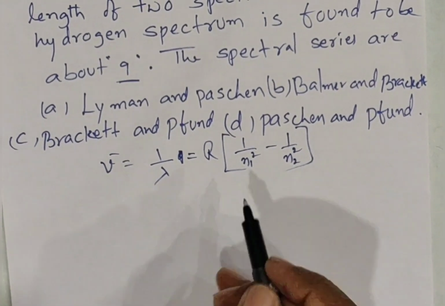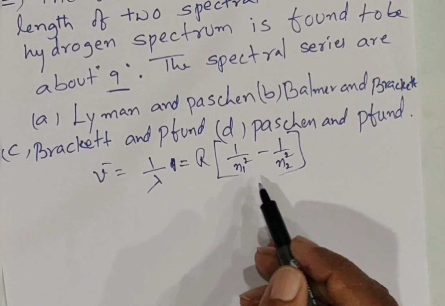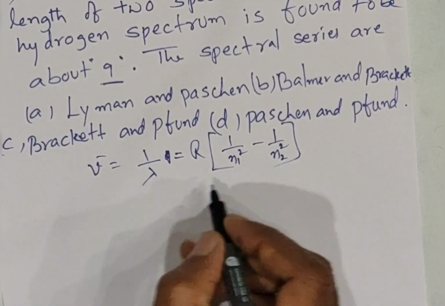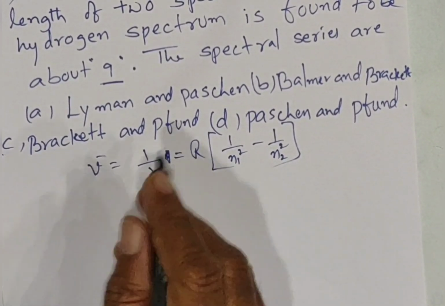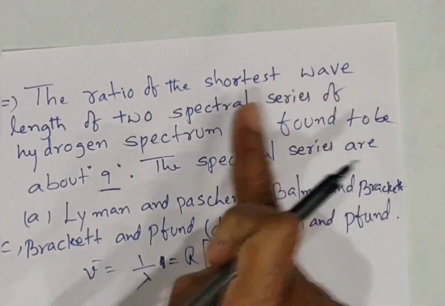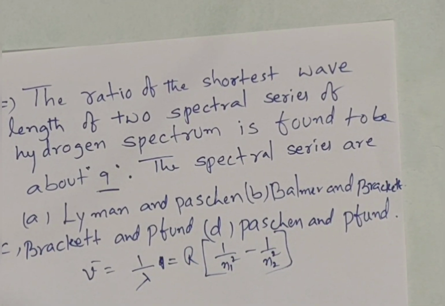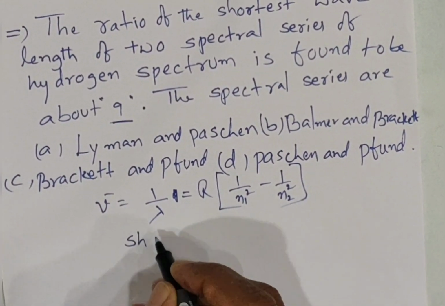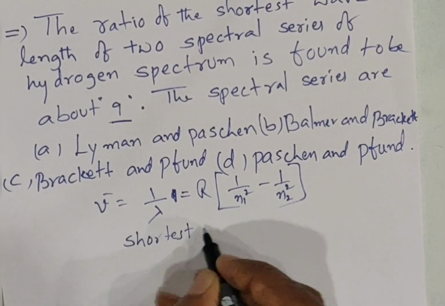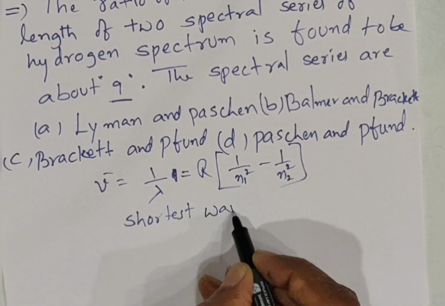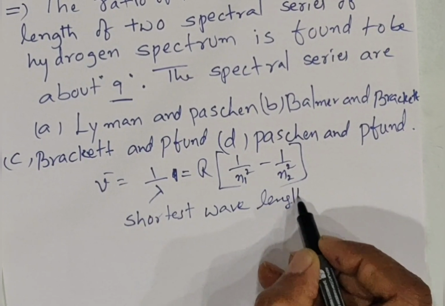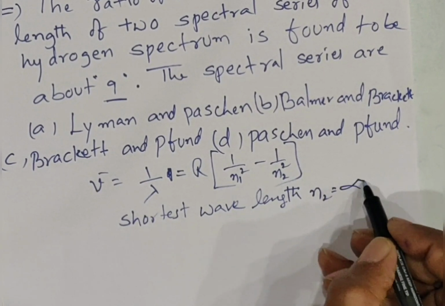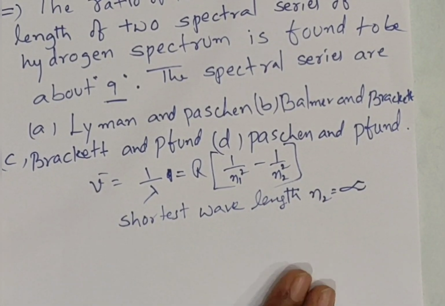Right? Now you have to write first the n1 and n2 values. To identify the shortest wavelength of spectral lines, the shortest wavelength in any spectral series, that is n2 value is equal to infinity in any spectral series.